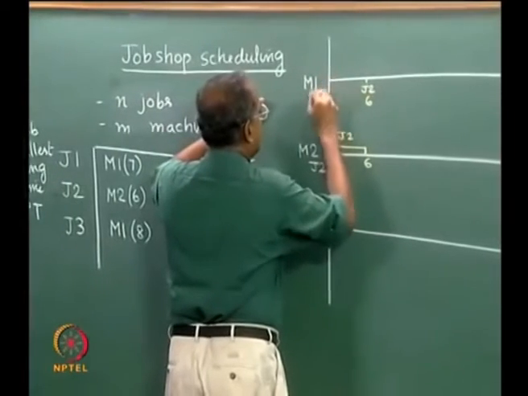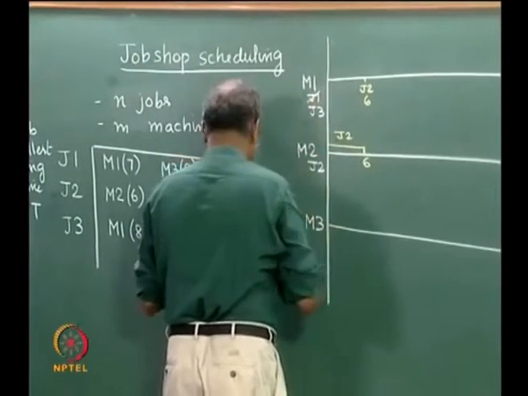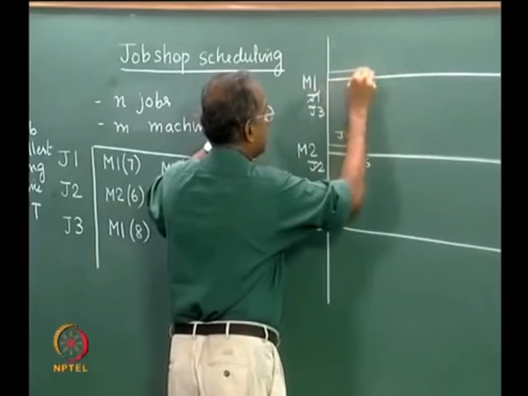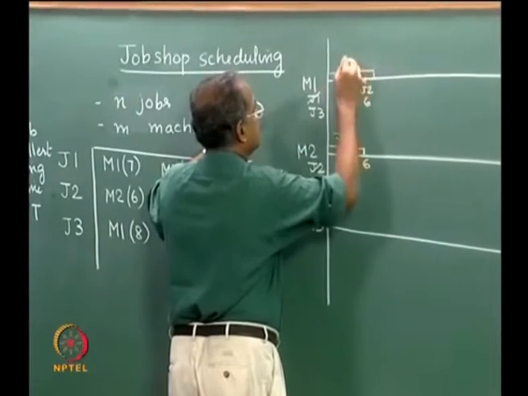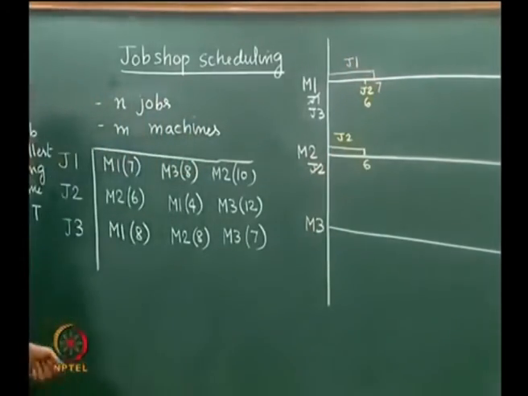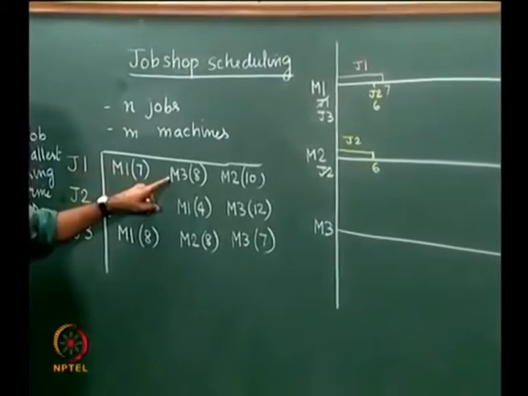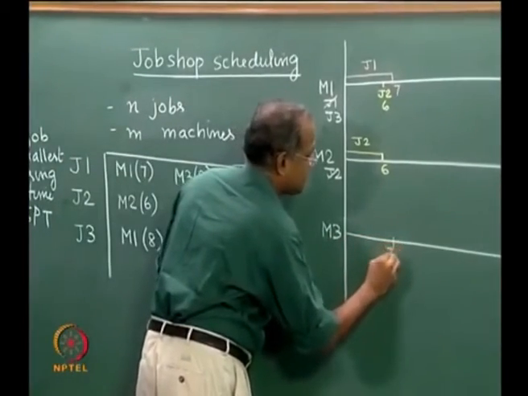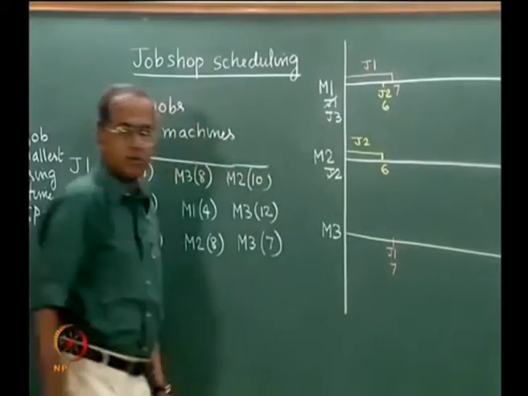J1 will start at 0, finish at time equal to 7, and at time equal to 7 will now move to M3. So, it will come here, J1 at time equal to 7.